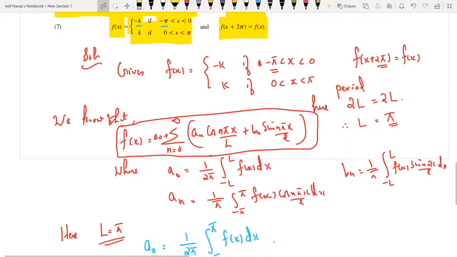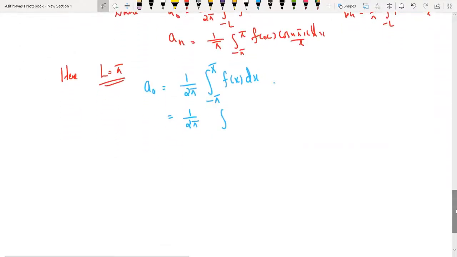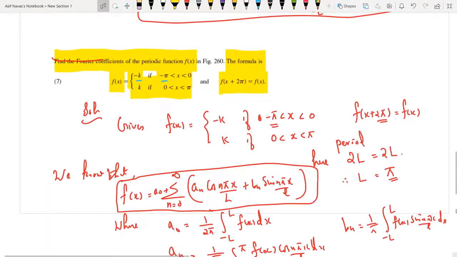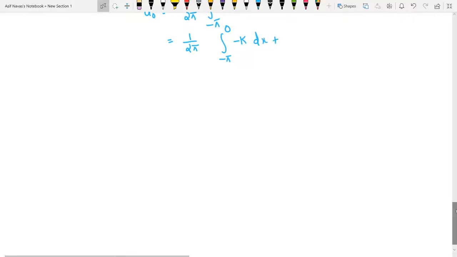So from minus pi to 0, f of x is minus k, so integral minus k dx plus integral 0 to pi k dx.